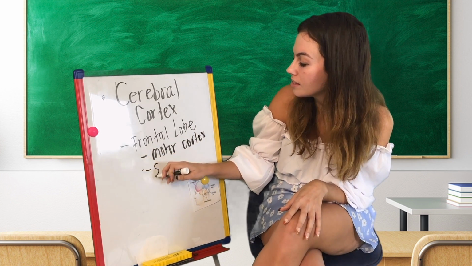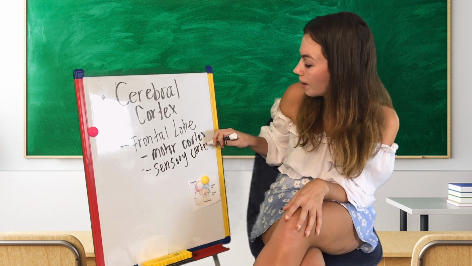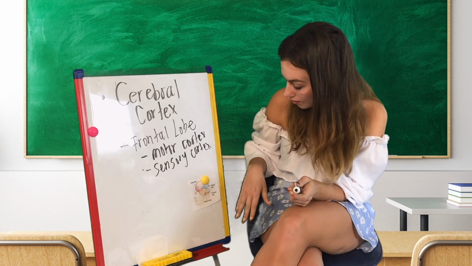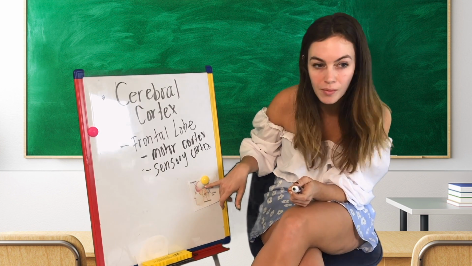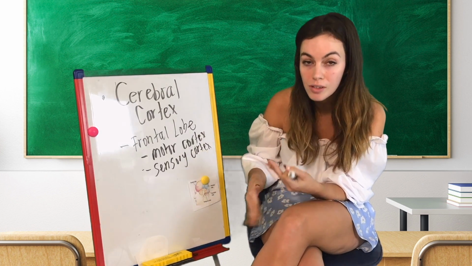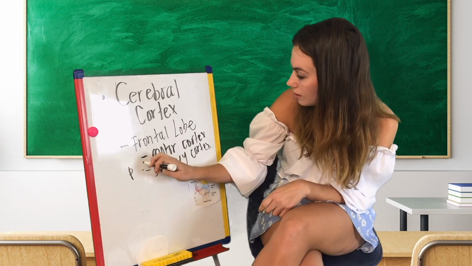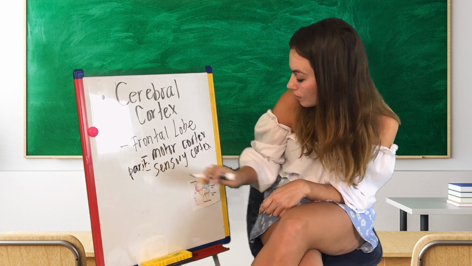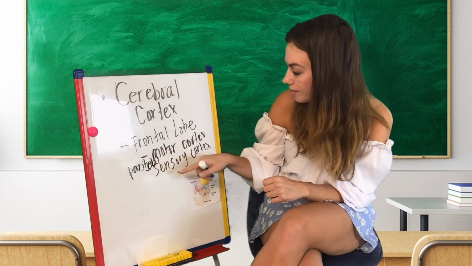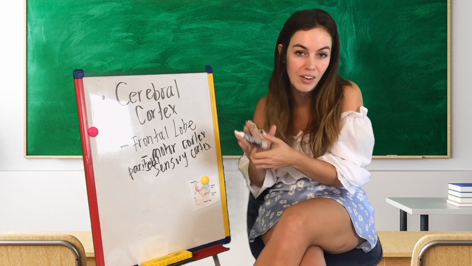And we also have the sensory cortex. Okay. And the sensory cortex is the area at the front of the parietal lobes, right there. And this is going to receive information from skin surface and sense organs. So within the parietal lobe, we've got the sensory cortex, which is kind of if you touch something hot, it's going to let you know.